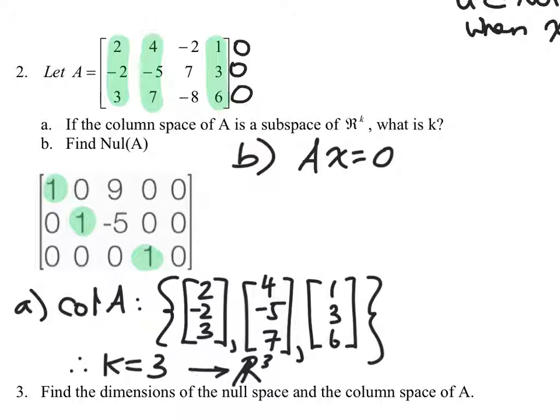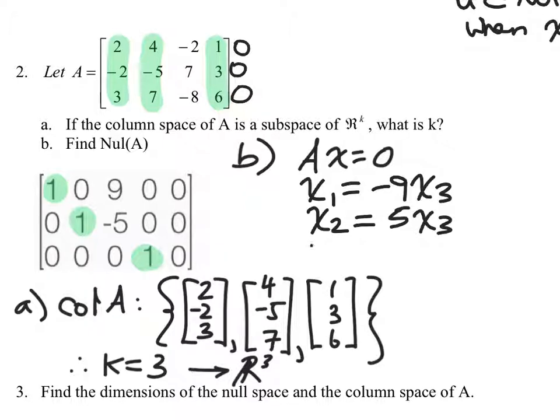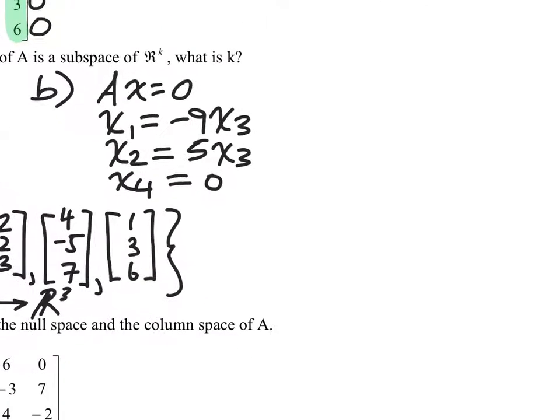So x1 is going to be equal to negative 9x3. x2 is equal to 5x3. And x4 is equal to 0.